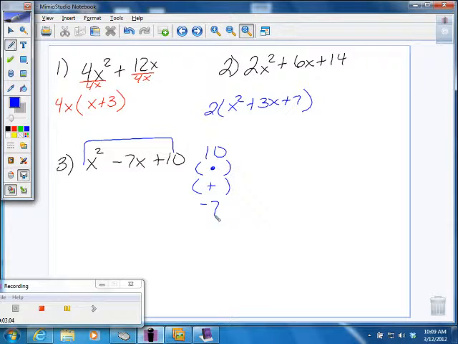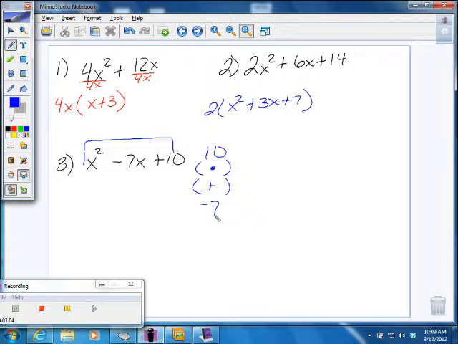Okay, so you want the first and last number, when you multiply, to equal that one. Yes. We'll go over more of it. We've got a whole lesson on it still. All right? So first times the last, add up to the middle. Now, I need to find 2 numbers that multiply to give me 10, but add to give me negative 7.